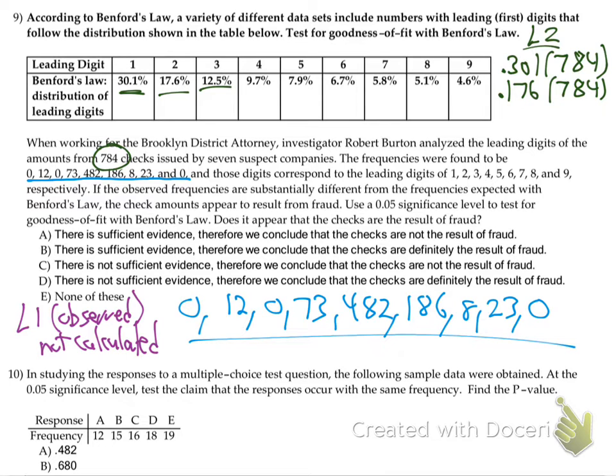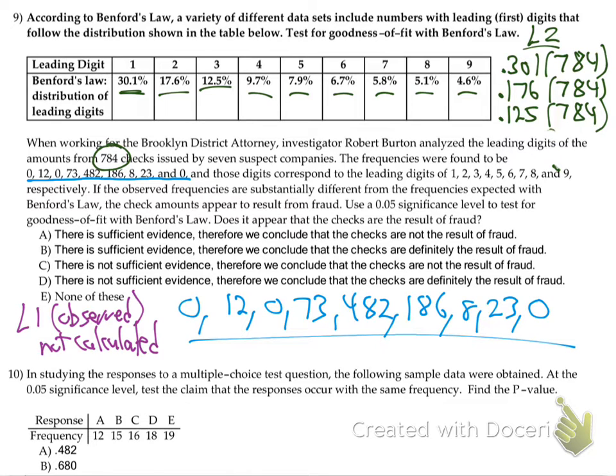And then 0.125 times 784. And on down the list you go. Does that make sense? Just go right on down this list, multiplying each one of those times 784 and put that in L2.